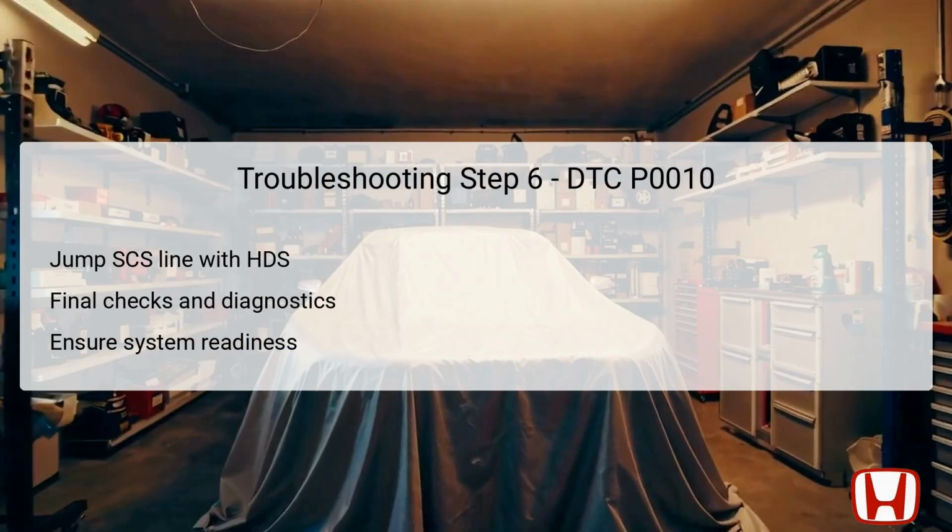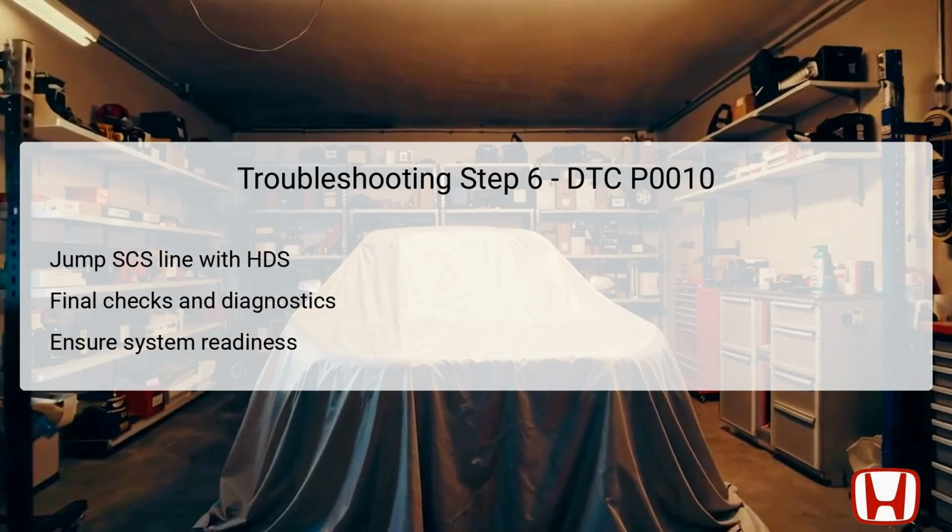In the final step of this troubleshooting process, jump the SCS line while using the HDS. This procedure is essential for executing any necessary functions or clearing out codes that may have been set. Additionally, this action helps reset the system to prepare for final checks.